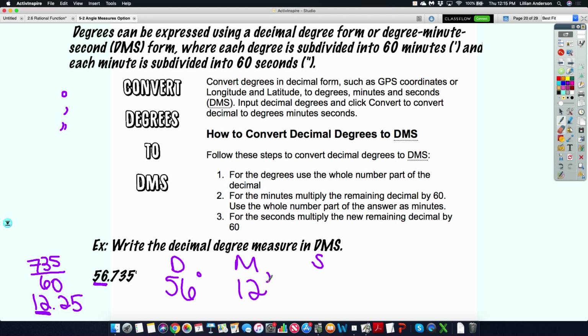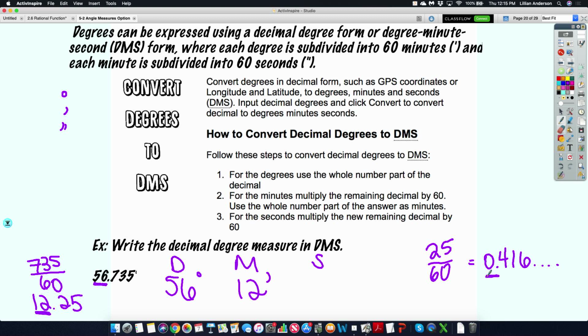And then one last time, you take what follows the decimal and divide it by 60 again. What is that? Point what? 416. And technically we would take the part before the decimal, which is a 0.